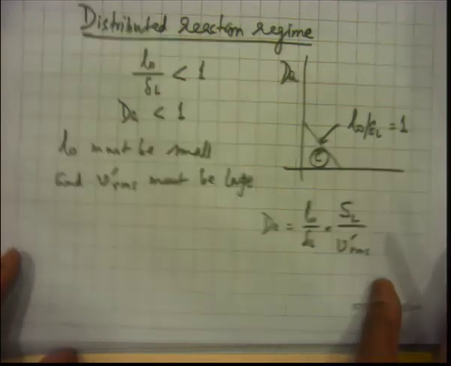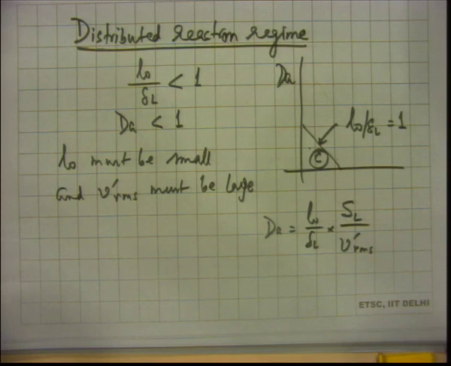So, what about L0? L0 is the integral length scale, which is the largest possible length scale in turbulent flow, and that will be smaller if we are talking about a situation when there is a flow in a duct and there is a flame or some reaction taking place. If the duct is small, we expect L0 to be small. So, the small duct size will limit the integral length scale, the largest size of turbulence.